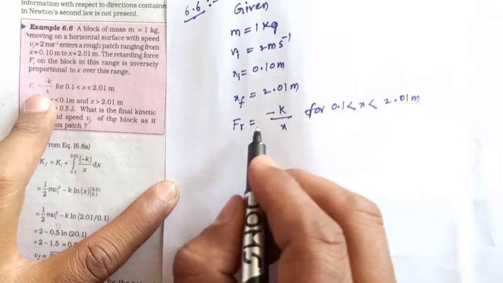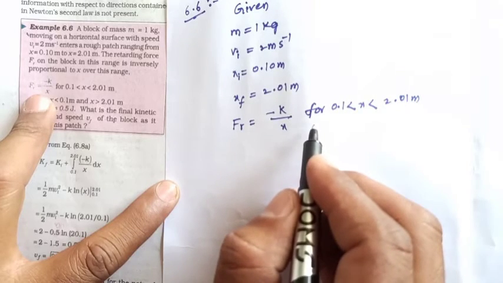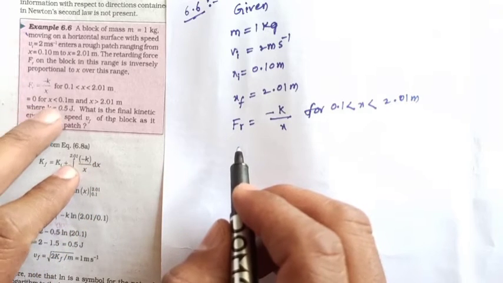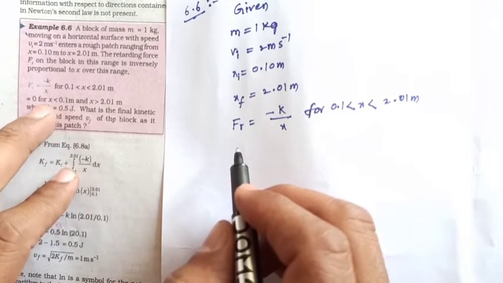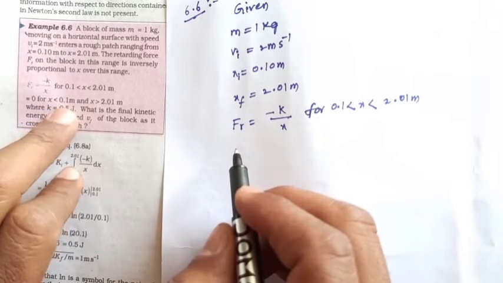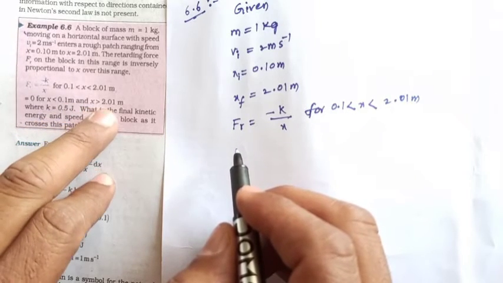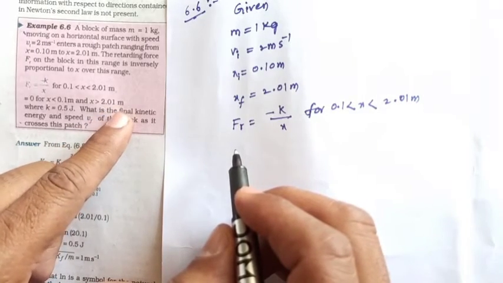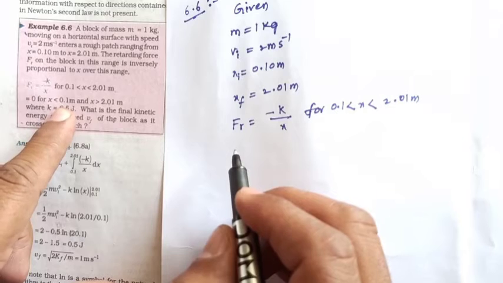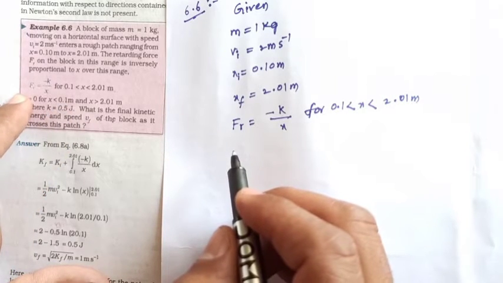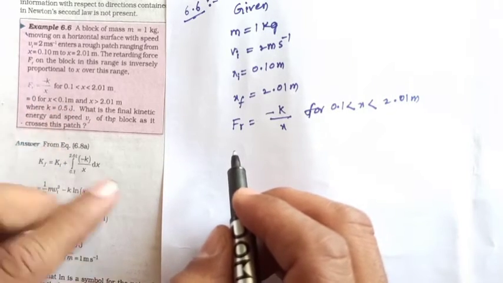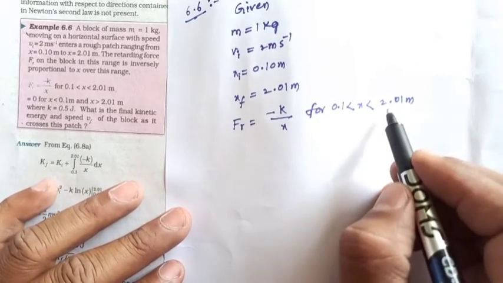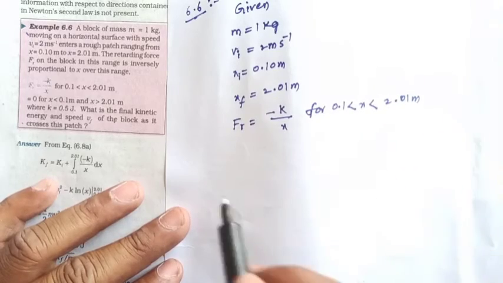Fr is 0 for x less than 0.1 and x greater than 2.01 meters. Above 2.01 and below 0.1 the retarding force is 0. So the lower limit is 0.1, the upper limit is 2.01 meters only.